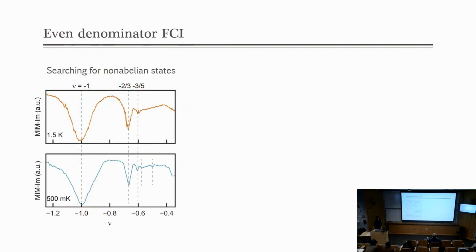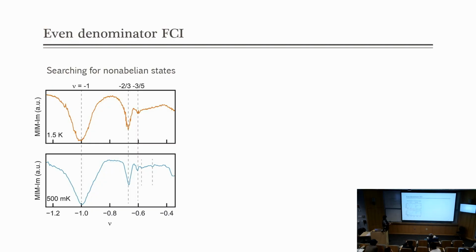But more than that, because this is a local probe technique, we have the natural advantage of searching for states that are relatively more fragile. So we cooled down the sample even more to 500 millikelvin, which is not so much compared to transport like Leo does.